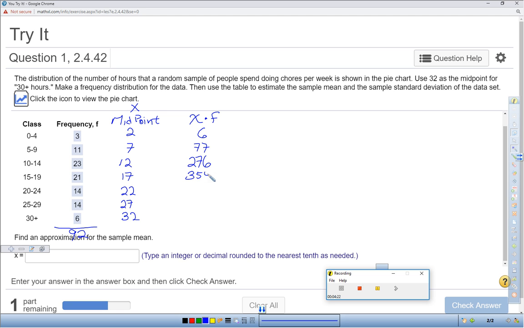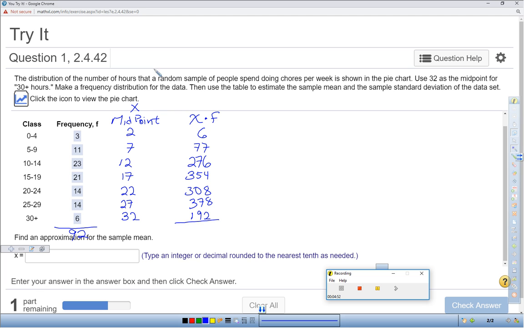Recall that I am using my physical calculator. 14 times 22, I got 308. 14 times 27, 378. And finally 6 times 32 is 192.